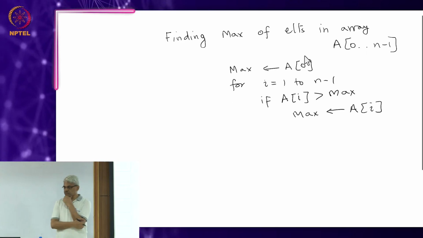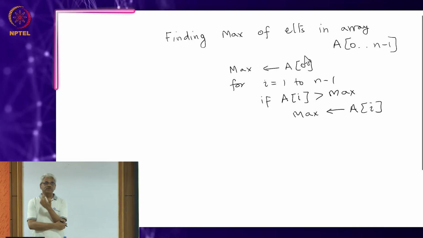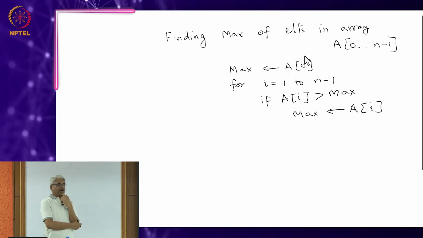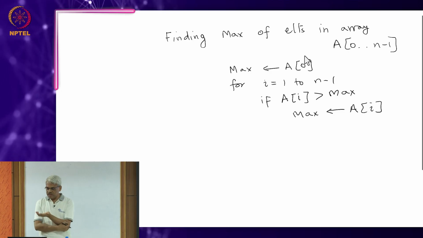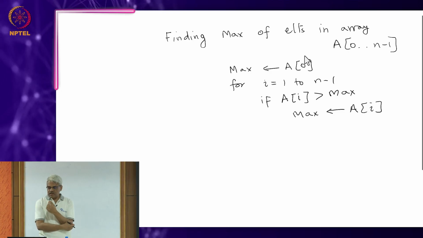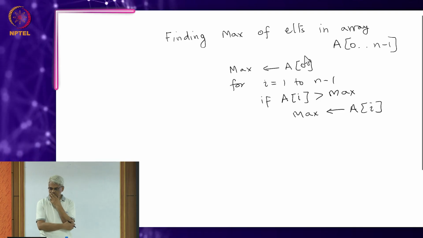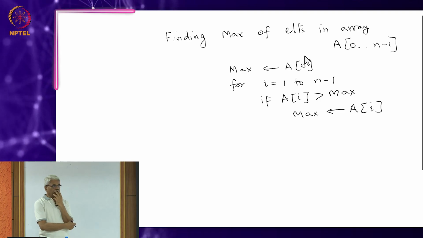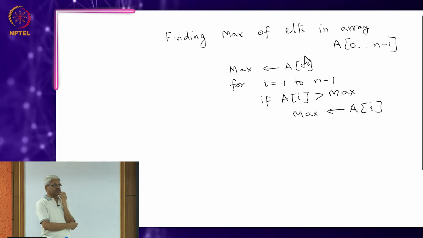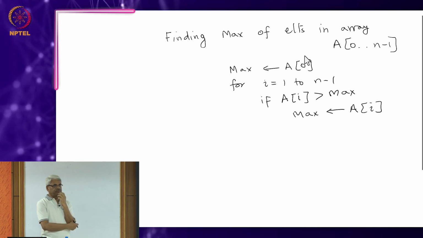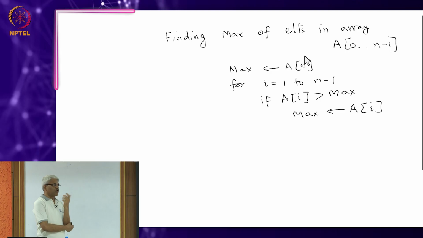Okay. So now let's say I want to do some average case analysis. We saw in the worst case, the algorithm made n minus 1 comparisons. So how do I go about doing it?